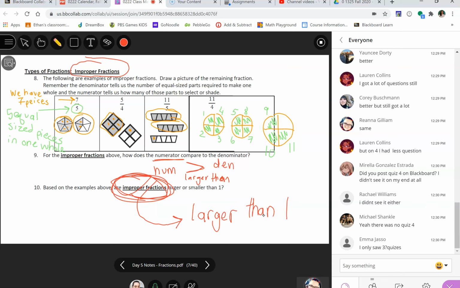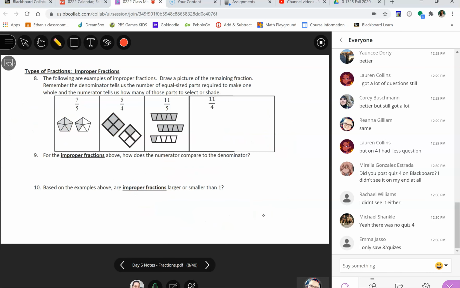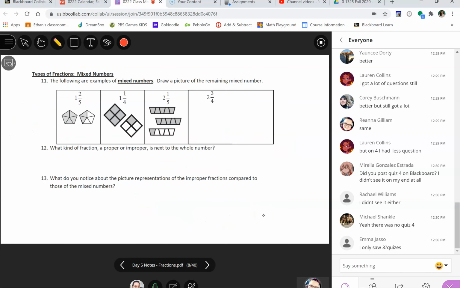Okay, and the only other type of fraction you're going to have are mixed numbers, which are related to improper fractions. Mixed numbers are a different way to write an improper fraction. So mixed numbers are still greater than 1, but the way they're written, they're going to have a whole number component next to a proper fraction.